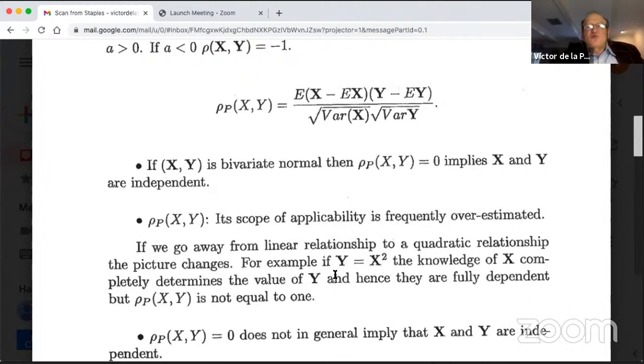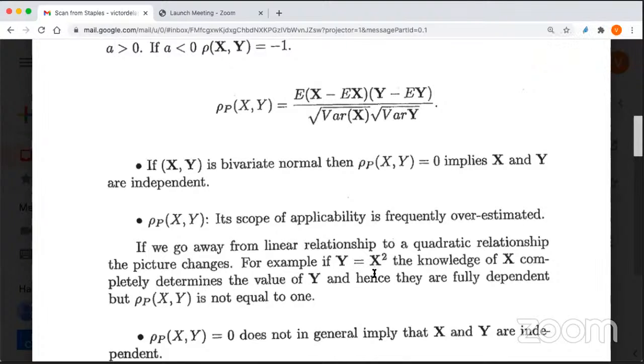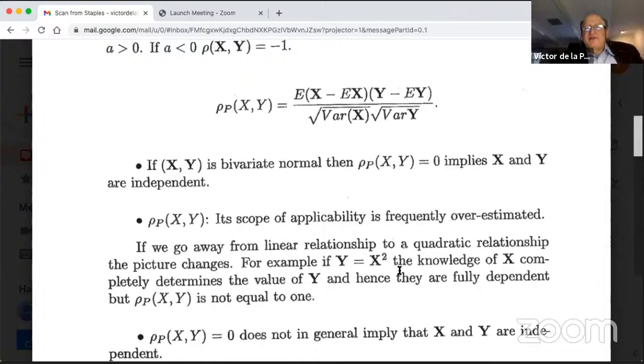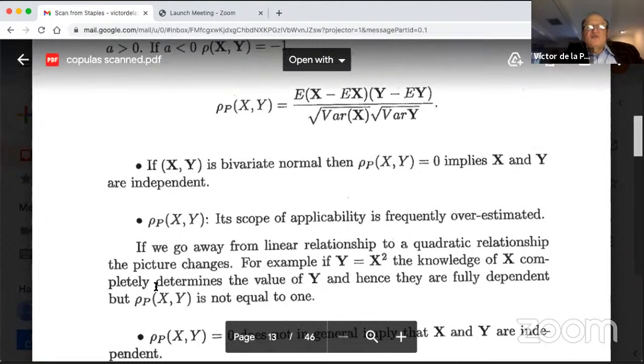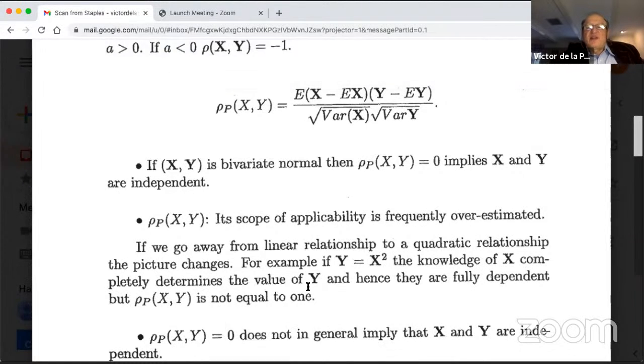This is what the student was telling us, a perfect example. If you know x, that completely determines the value of y. So they are not independent.